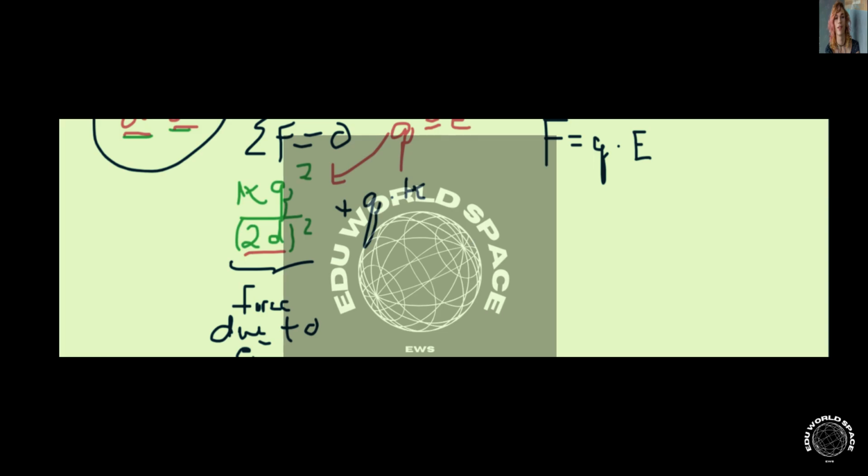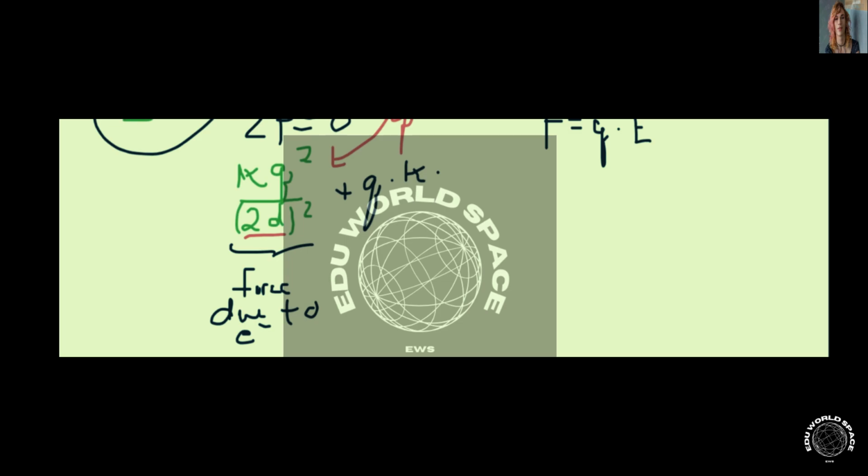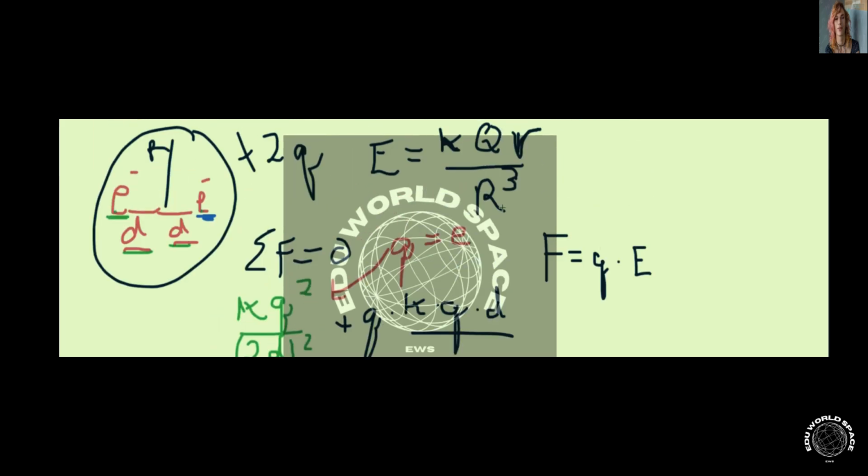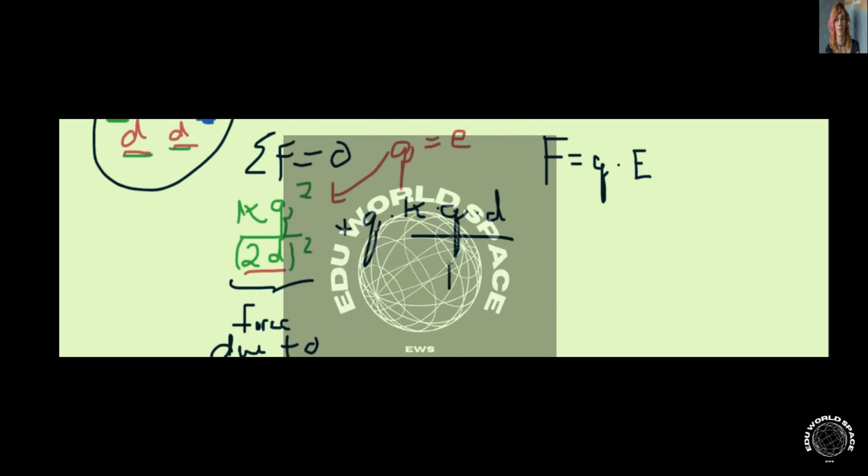So here we go. We get another q, times the distance d divided by R cubed, the total radius of the sphere. Remember, we need to have the sum of forces equal 0.